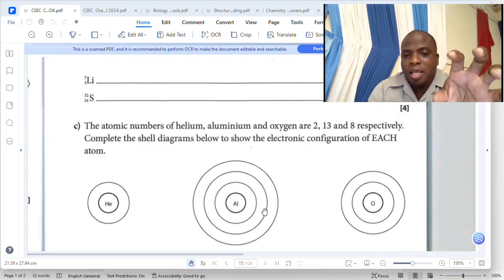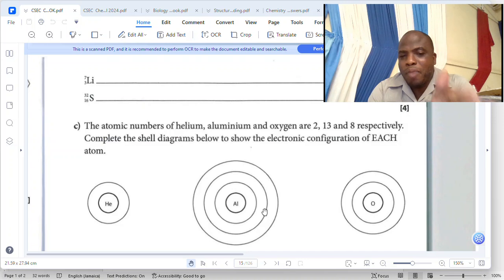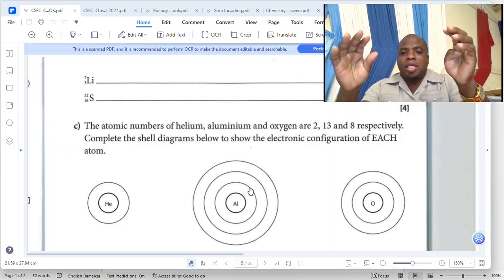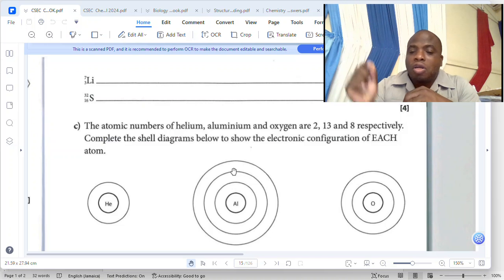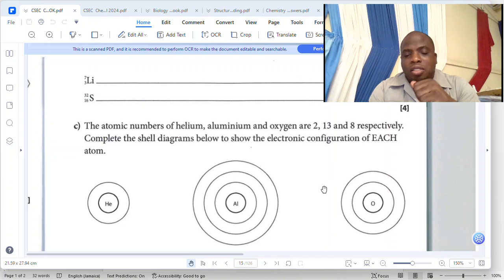You might not see the significance now, but when you're doing your bonding, trust me, it makes a whole lot of difference, and it makes it easier for you to actually show bonding, whether covalent or ionic. So practice that. Top, bottom, left, right, and then top, and you continue clockwise. So what I want you to do is to try these. Put in the electrons and show what it will look like.